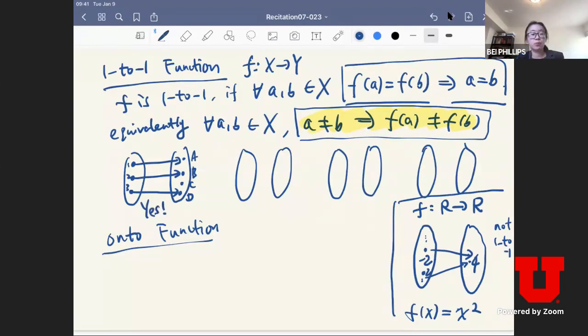Yes, this is one-to-one because distinct elements in the domain map to distinct elements in the codomain. Let me draw another one. Is this one-to-one?